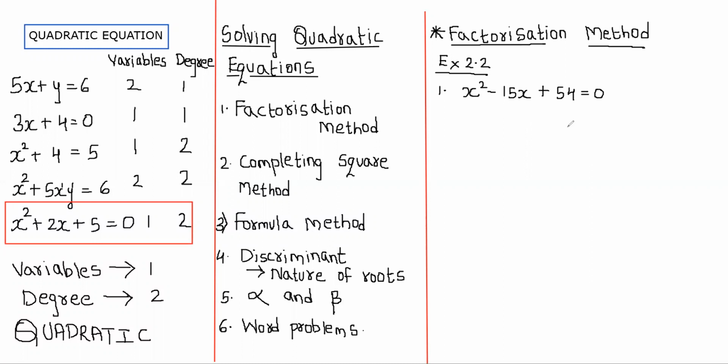Whenever we have to split the factors of any quadratic equation, in the rough work, students, we will write the terms P and S. Now, what is this P and S?